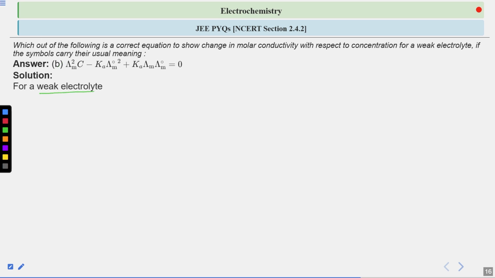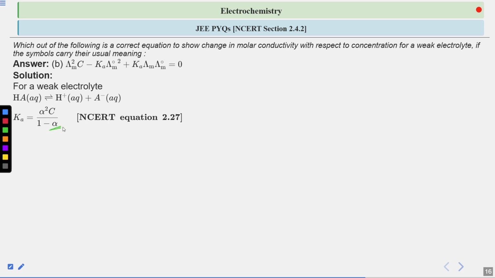As the question is asking about a weak electrolyte, the reaction is HA dissociating into H positive plus A negative, where Ka will be alpha square C divided by 1 minus alpha.